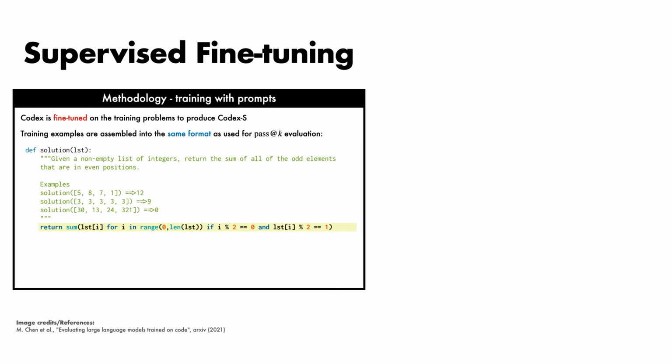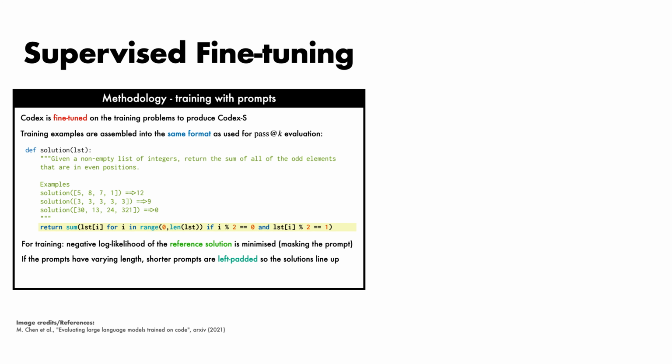In particular, the model is trained to minimize the negative log likelihood of the reference solution, masking out the loss for any tokens used as part of the prompt. Since the prompts may have varying length, shorter prompts are left padded to ensure that the first tokens in the reference solutions line up in the context.